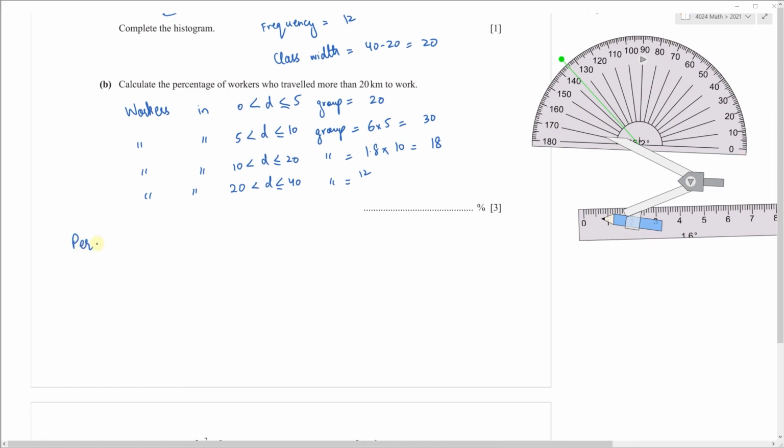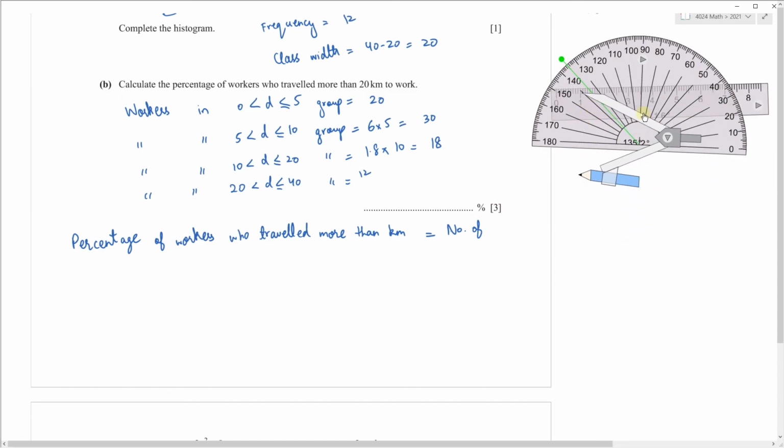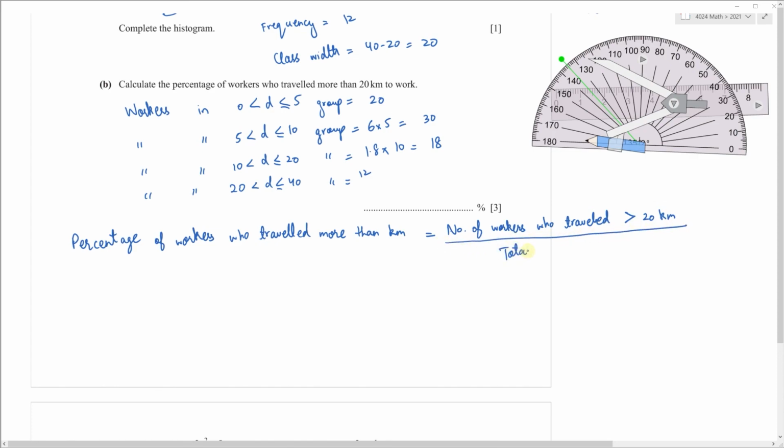So percentage of workers who traveled more than 20 kilometer equals the number of workers who traveled greater than 20 kilometer divided by total workers in the survey, total workers, and then multiplied by 100.